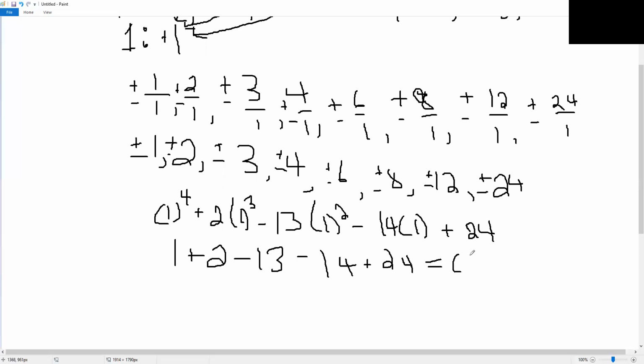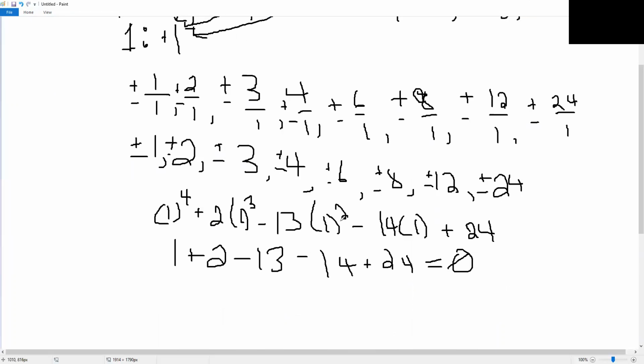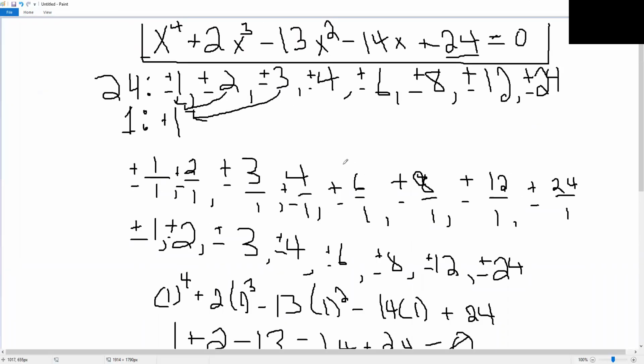So this equals 0. Hey, that means we can factor this. So let's do it. How do we factor this? Well, let's use another theorem. So what theorems have we used so far? Let's think about that.